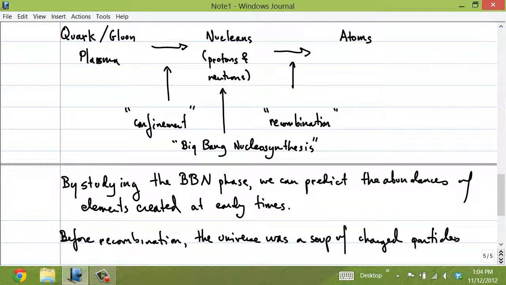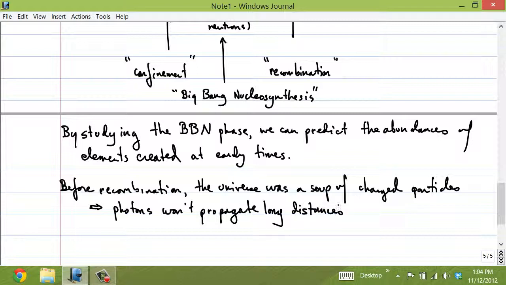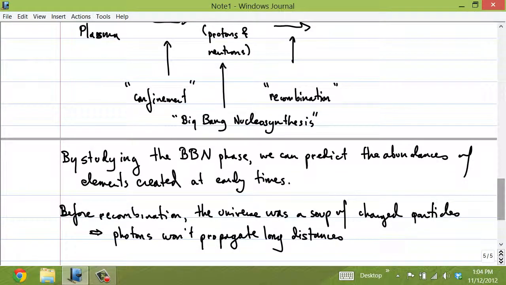If you have protons and electrons that are freely propagating, they're banging around all over the place, then this soup of charged particles means that photons will not propagate for long distances. Why is that? Well, if you have a bunch of protons and neutrons and electrons, the protons and electrons of which carry charge, then a photon won't be able to go very far before it bangs into one of these charged particles.